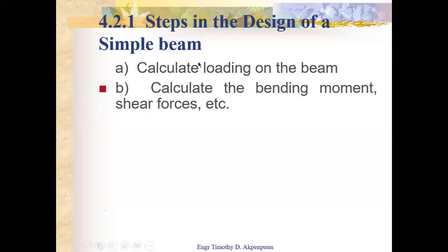Number 2, that's why it says calculate loading on the beam. Is the loading point load? Point load, fine. You don't need to do anything. But if it is uniformly distributed, that means it's either by length or by area.